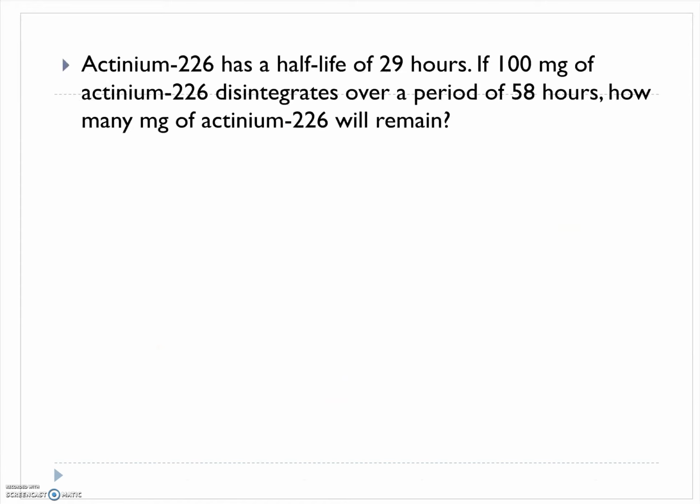Okay, another example. Actinium-226 has a half-life of 29 hours. We're starting with 100 grams and it disintegrates over 58 hours. And we want to know how much is going to remain. Total time divided by the half-life.